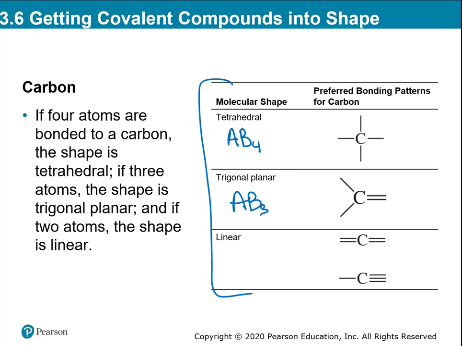The bonds in between are kind of stuck where they are, but they want to get as far apart as possible from the other bonds around the central atom. So that's as far apart as they can get. It's really considered 180 degrees on opposite sides. And so when you look at this molecule, it looks like a straight line, right? That is the linear shape.